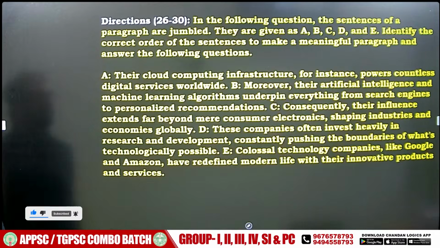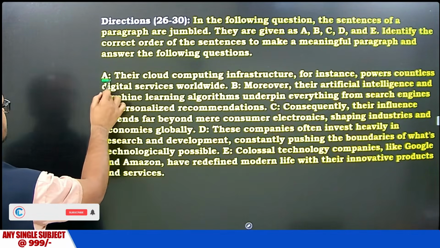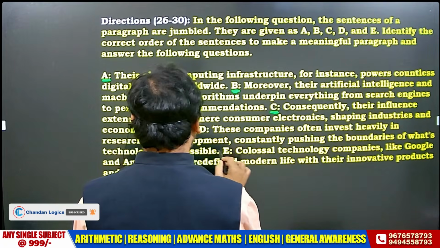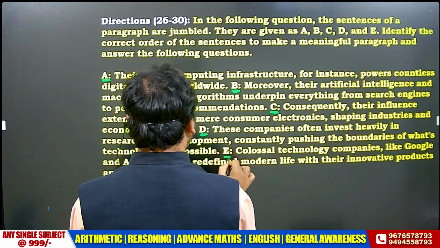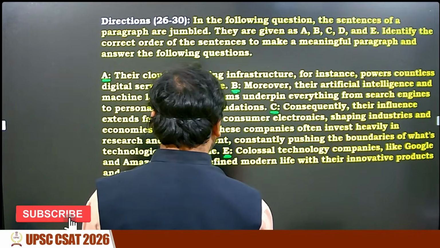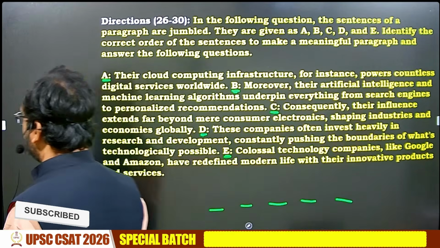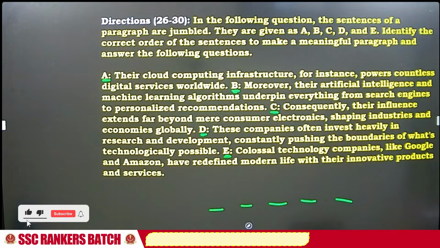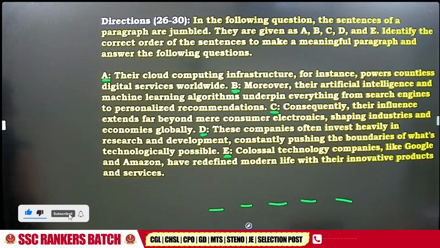A, B, C, D, E, five sentences. Take two minutes of extra time, and this is the last section in this exercise. So quickly message the sequence in the comment section. Max time 120 seconds. I promise you it is an easy section.